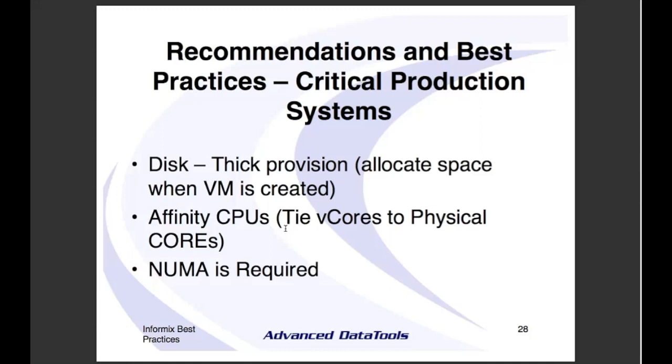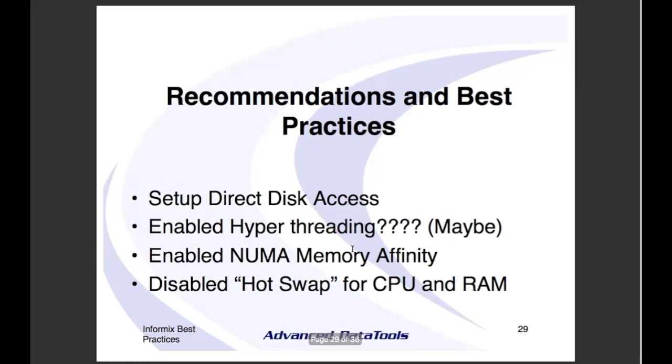The second thing is you want to tie your CPUs to physical cores. And you want to allocate CPUs to cores. And then if NUMA is really required for your production systems, you want to turn that on and use it. Now, if you can, you also want to set up direct disk access.